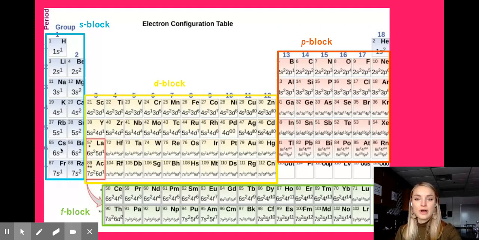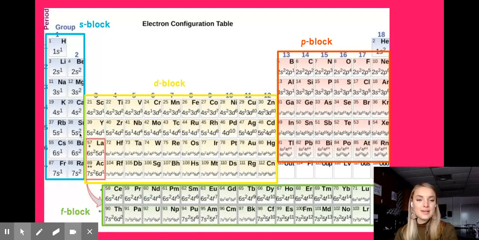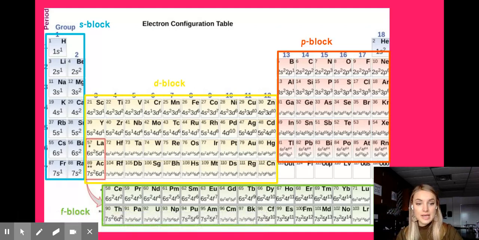Over here, we call this the s block, because all of these have either 1 or 2 valence electrons in their outermost s subshell. Over here, we have the p block, because these have between 1 and 6 electrons in their outer p subshell. Our d block follows, and then down here, the lanthanide and actinide series are our f block, and those we don't mess around with a whole lot because they behave strangely. But this is a good thing to be aware of because it can be very helpful when we're talking about electron configuration.